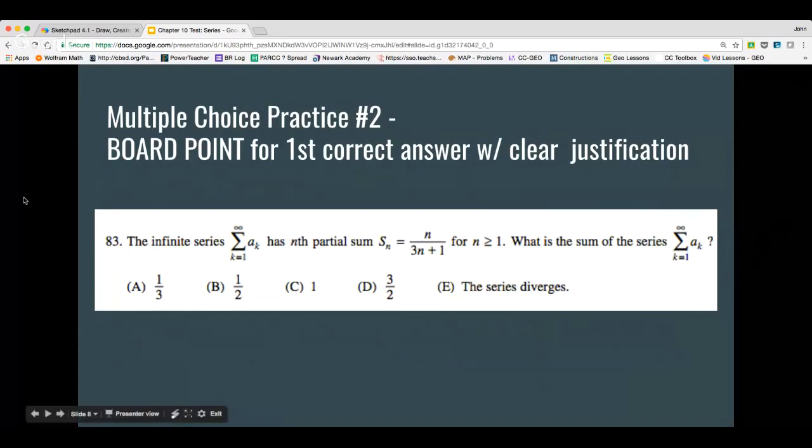But if not, maybe Alex or Julia can give a quick message on how to do it. If you're working on the question, keep working on it. But if you need to figure out how to type in the chat box, I'd like everybody to be able to do that.